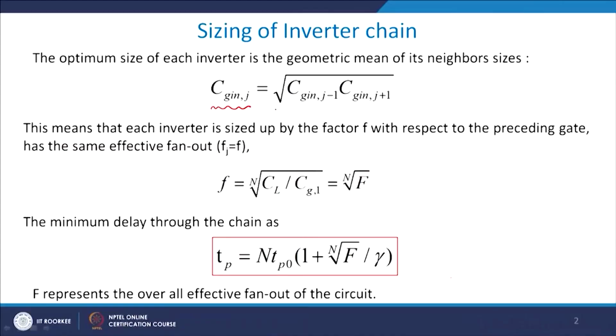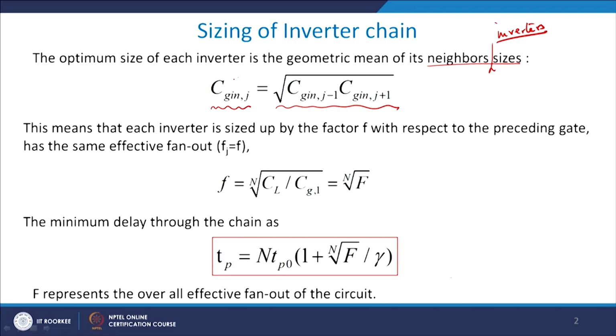So, let me start from there and show you that the optimum size of each inverter, the jth inverter, is the geometric mean of its neighboring inverters or neighboring sizes.